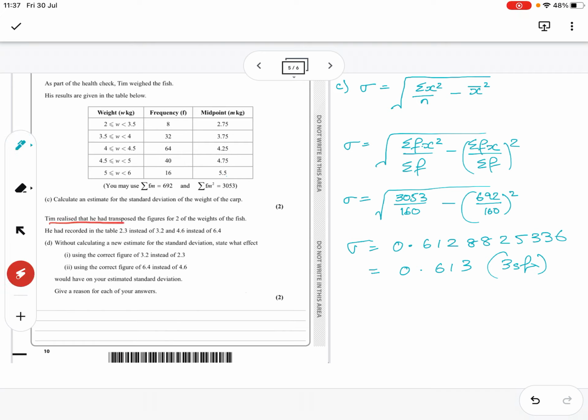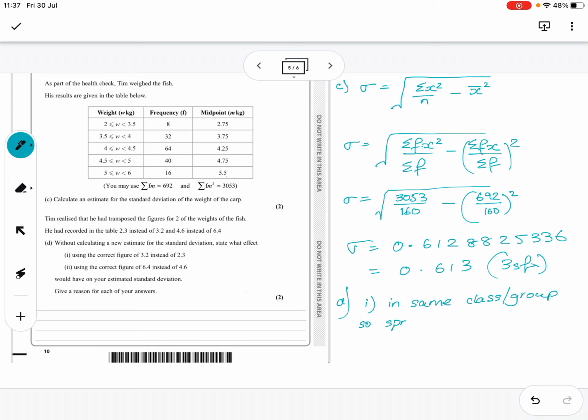And then, that's another 2 marks. Tim realised he had transposed the figures for 2 weights. He had recorded 2.3 instead of 3.2 and 4.6 without calculating a new estimate. Describe what effect. The first thing: 3.2 instead of 2.3, both of those are in the same class group.